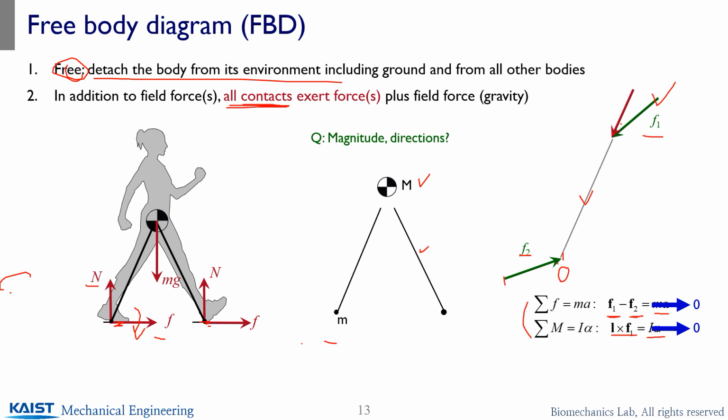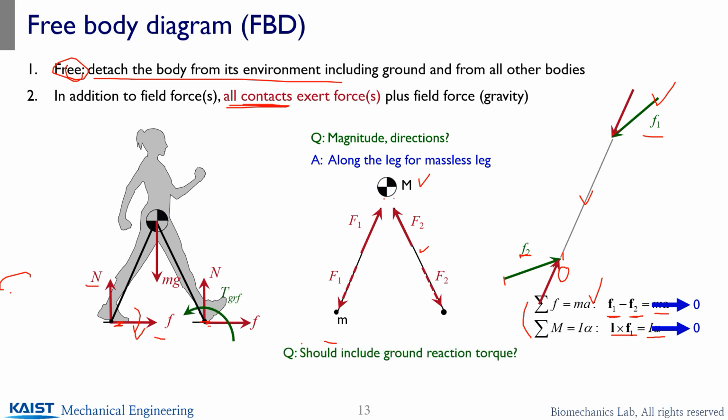Since Newton's second law, F equals ma, should give 0, this F2 should also be aligned along the leg, right? So whenever you have massless body components, you can assume that the forces are applied along the massless leg. Those are the directions for the force applied to the mass and to the foot mass as well.